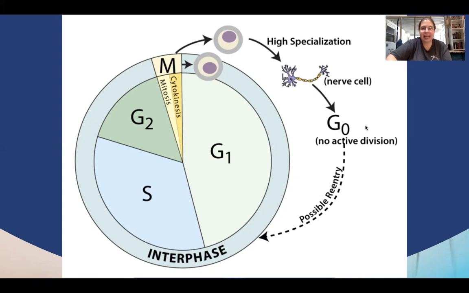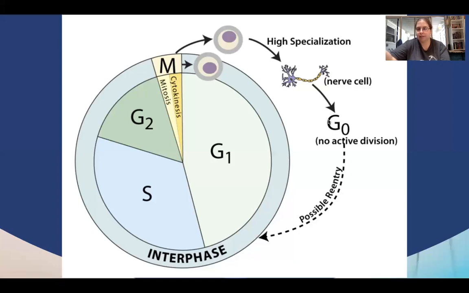However, if it can't fix that error, if for whatever reason it recognizes something is wrong but it can't fix it, then the cell will stay in G naught and it will actually go through a process called apoptosis, where it will destroy itself. In terms of the body, it's better to destroy the incorrect cells because then you can prevent a disorder from occurring.